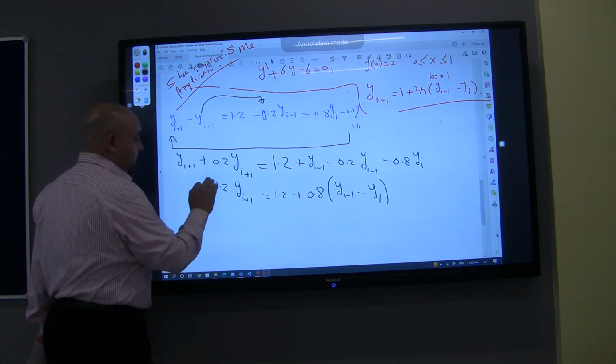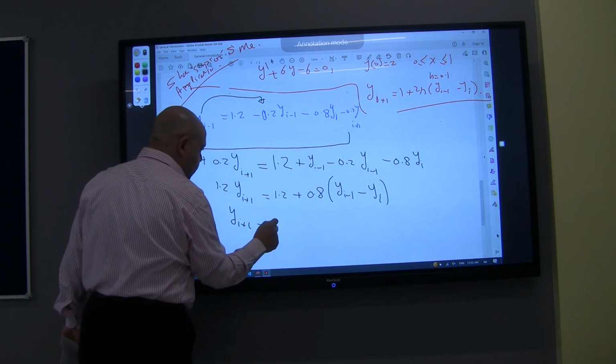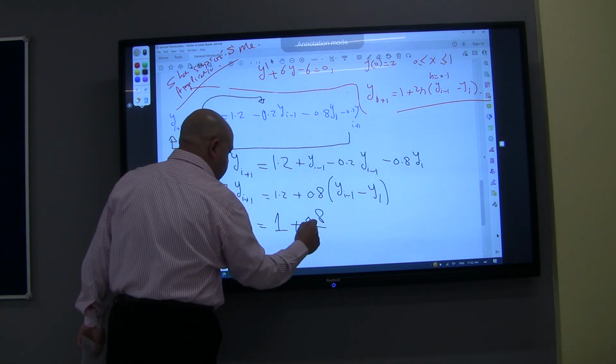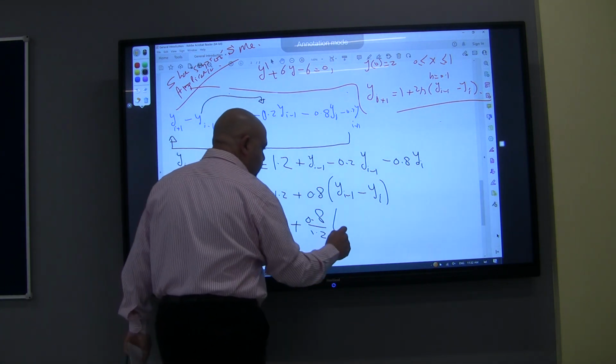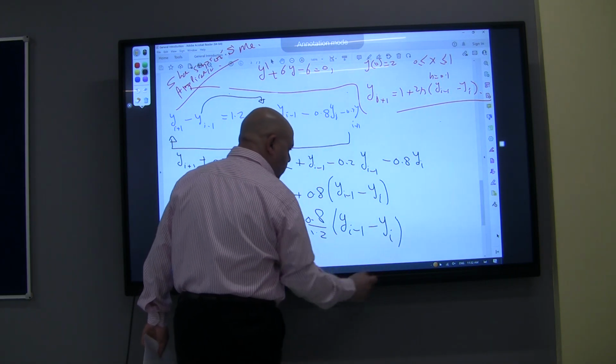Divide both sides by 1.2, so yi plus 1 will equal 1 plus 0.8 divided by 1.2 times yi minus 1 minus yi.